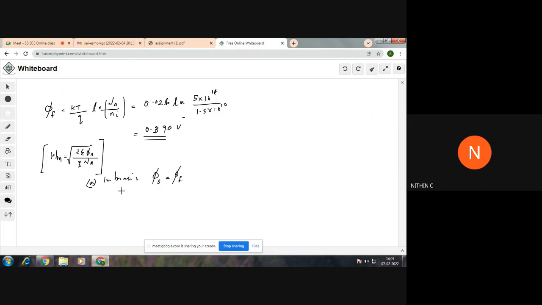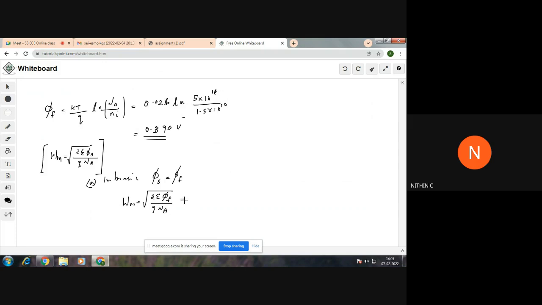That is, you will have to substitute Wm is equal to root of 2 epsilon phi f divided by QNA. All these values are known to you. You can substitute and find the answer.